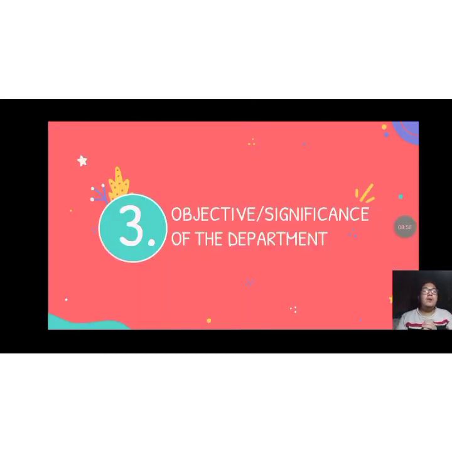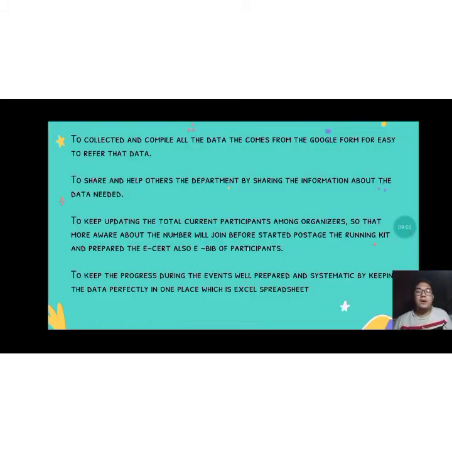And we move on to the objectives or significance of this department. Our first objective is to collect and compile all the data that comes from the Google Form for easy reference. Second is to share and help other departments by sharing the information about the data needed.